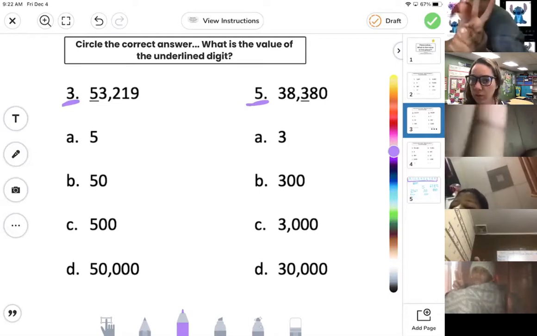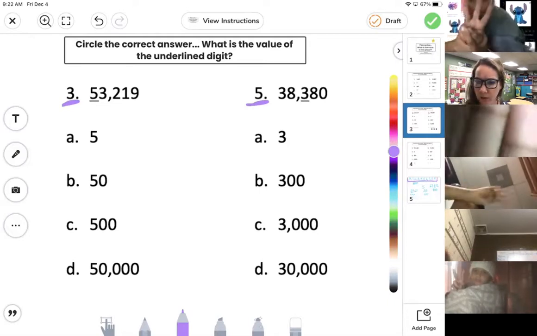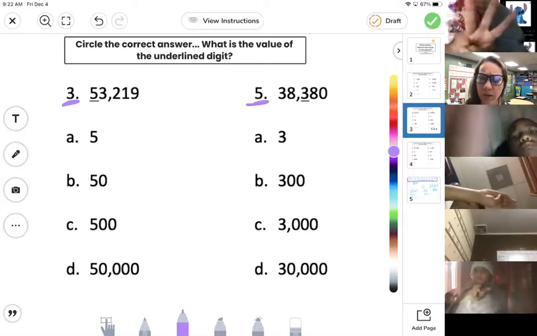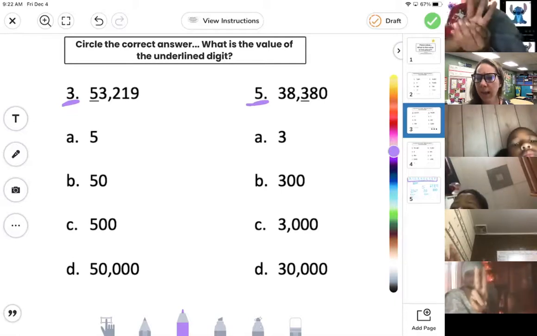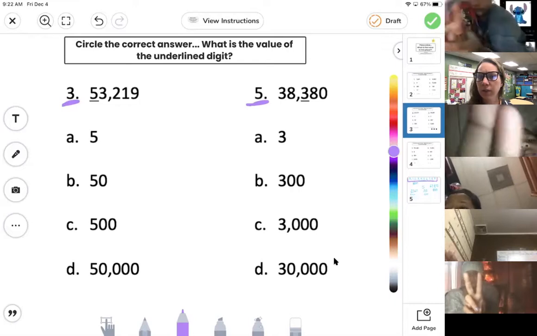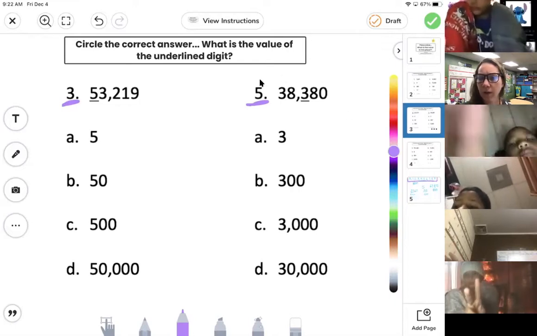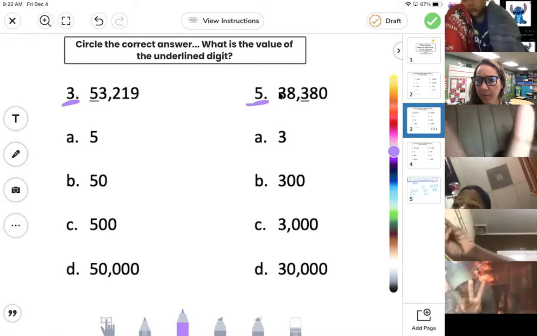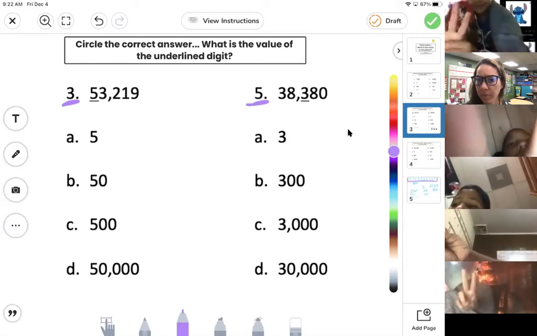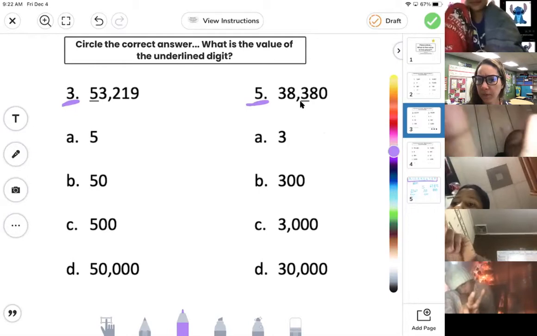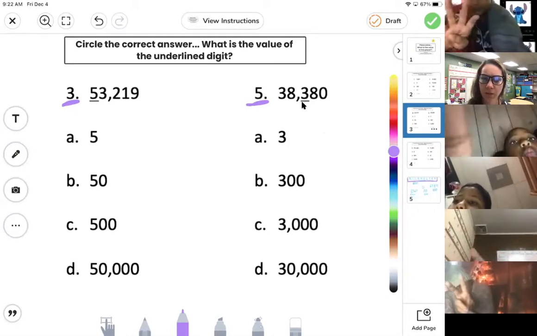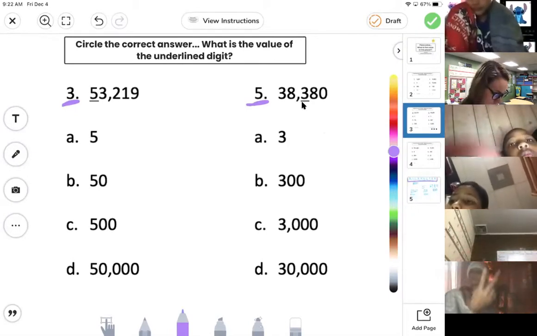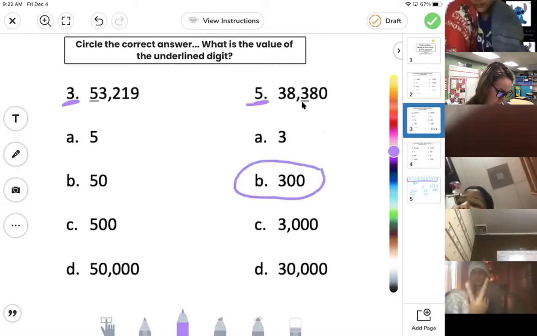All right, I'm seeing 2 fingers, 2 fingers, 2 fingers. I see 3 fingers. I see 4 fingers. The underlined 3 in number 5 is worth B, 300.